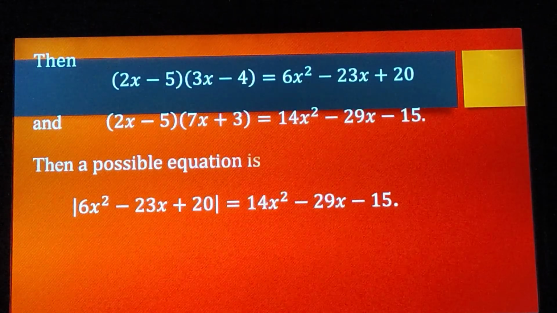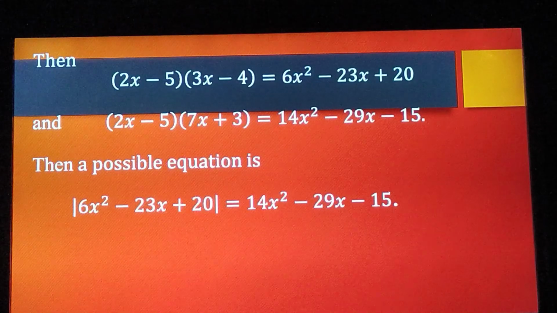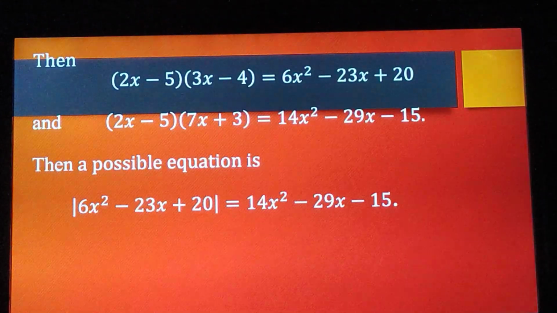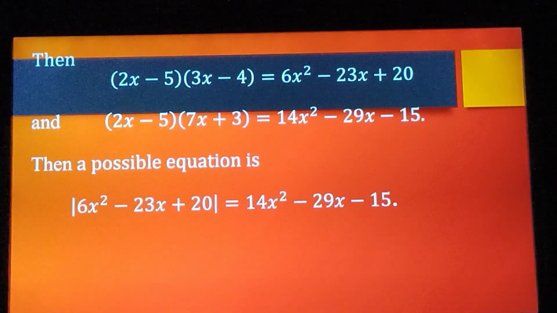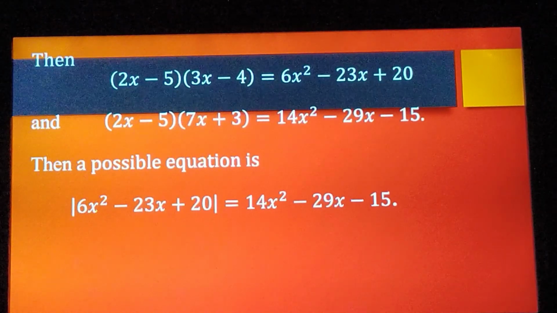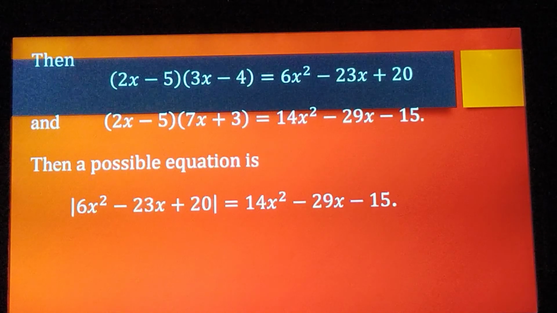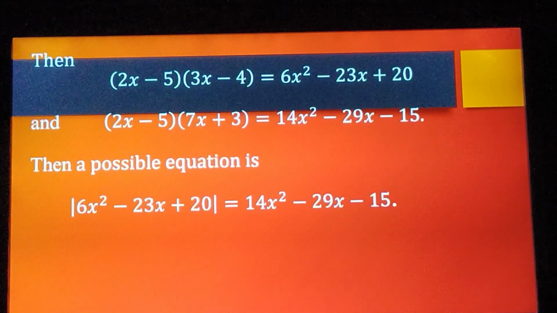Then 2x minus 5 times 3x minus 4 equals 6x squared minus 23x plus 20. And 2x minus 5 times 7x plus 3 equals 14x squared minus 29x minus 15. And from this, we construct the equation absolute value of 6x squared minus 23x plus 20 equals 14x squared minus 29x minus 15.